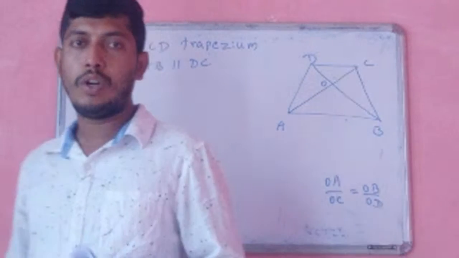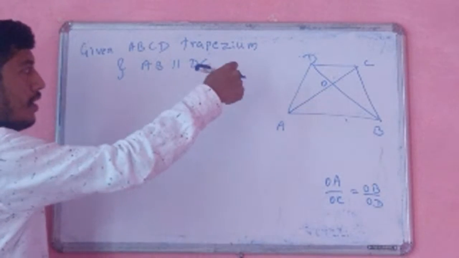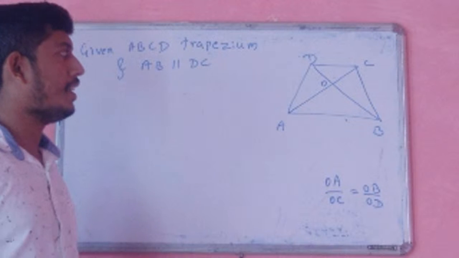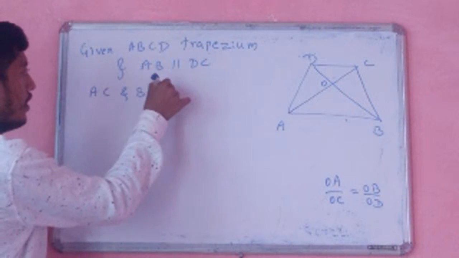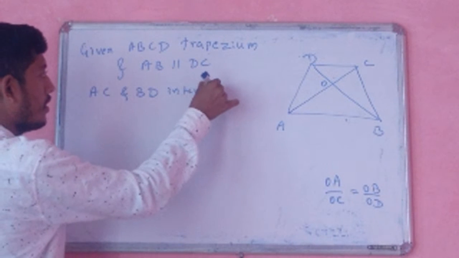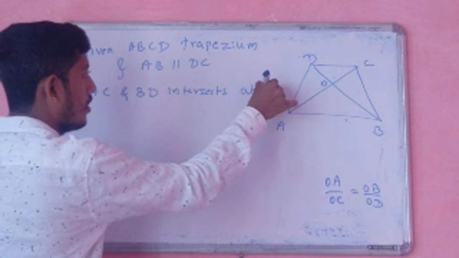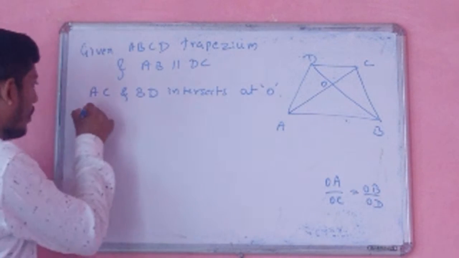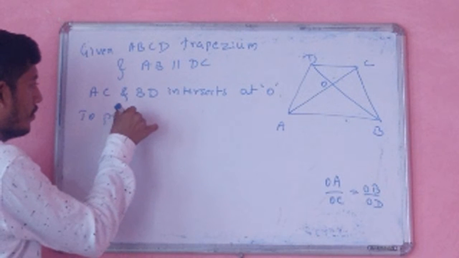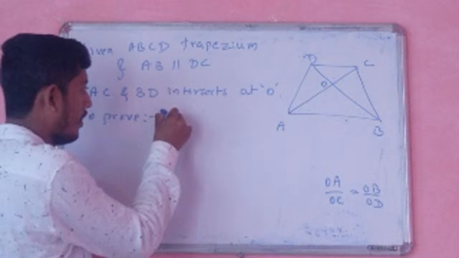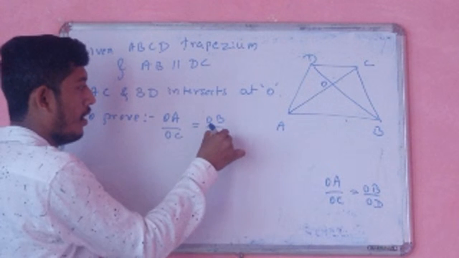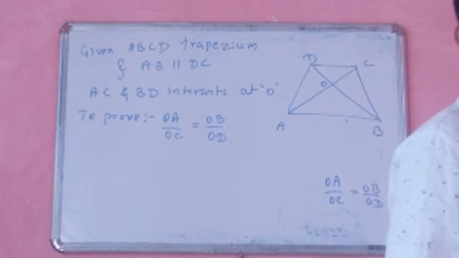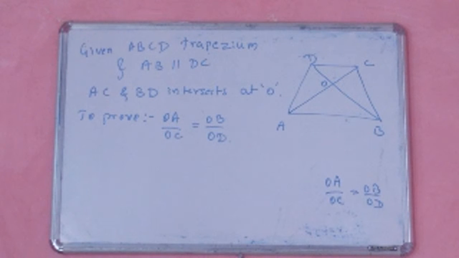The diagonals AC and BD intersect at point O. Then what we have to prove here? To prove: OA by OC equals OB divided by OD. We have to get the given data correctly and see the figure.